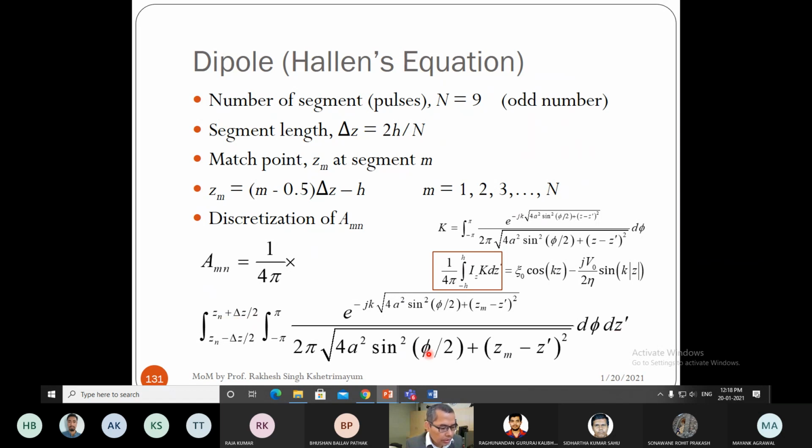So this dz dash integration is over this nth interval, and we have observation at Zm. So you replace this Z by Zm in the kernel of the integration. That is the only thing you have to do. And this integration from minus h to plus h should be over the nth interval of the pulse function. So this is your Z matrix.